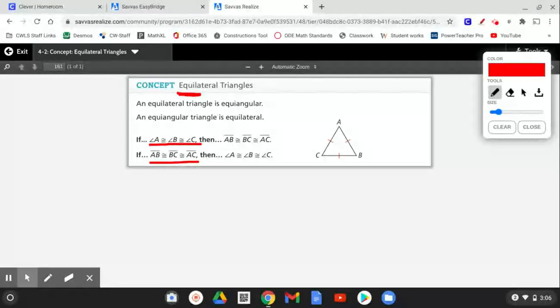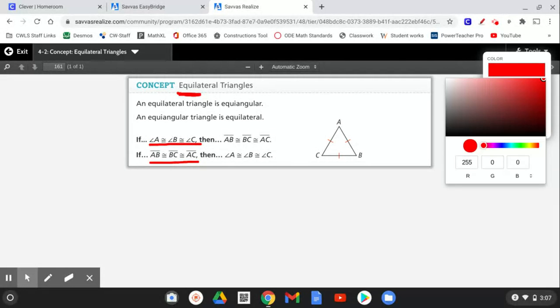So for this, we know that the sum of angles in a triangle is 180. We have 3 angles and 3 equal parts. Think about this: if you have a pizza with 180 slices and 3 people, and everyone gets an equal part, you're going to take 180 and divide it by 3.